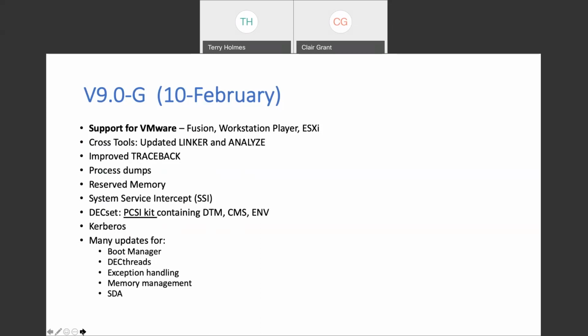We've updated the cross tools, notably Linker and Analyze, but other things happen along the way as well. We made some improvements to traceback. Now, that may not seem like a big deal, but what happens when we announce a new release to the people who are participating, it's quite interesting to see how quickly some people come back to us and say, I'm up and running.